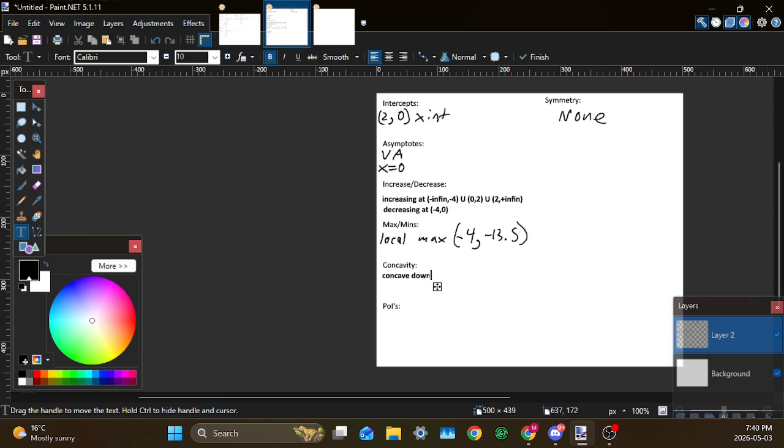Concave down at negative infinity to 0, hold on, because 0 is the asymptote there, it'll also be 0 to 2, then concave up at 2 to positive infinity.